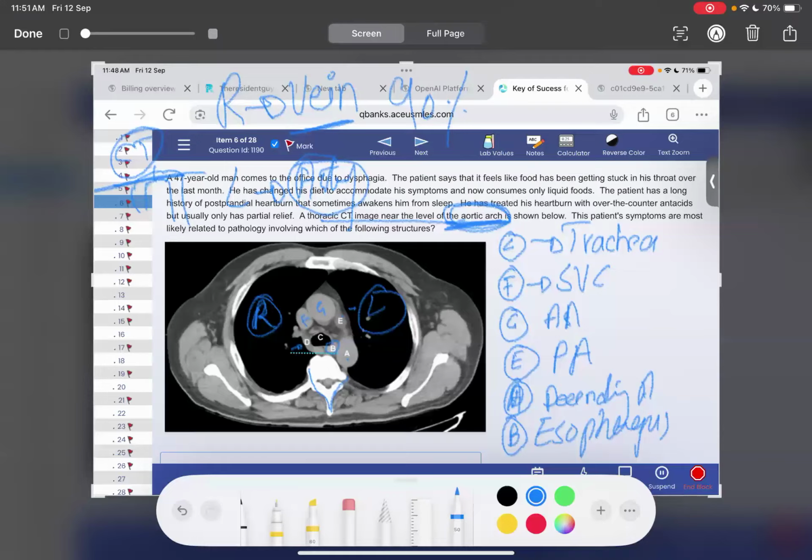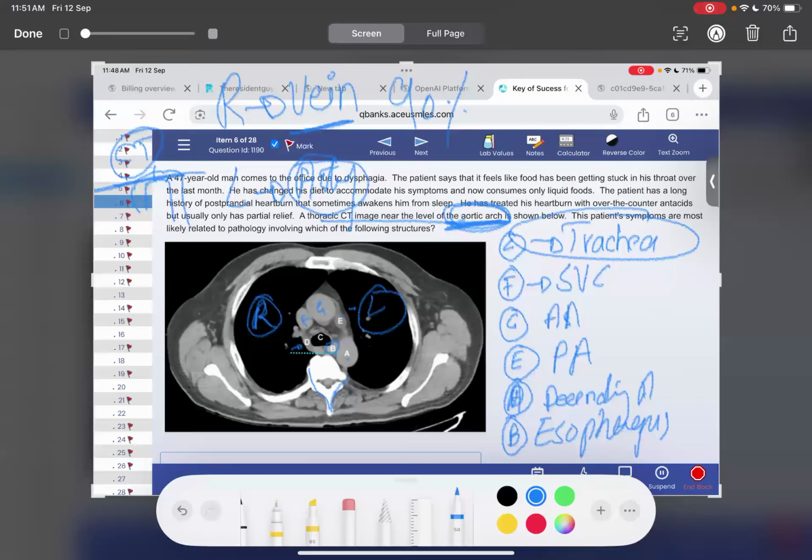Okay, have you got the point? Yes. Okay. So the trachea, esophagus, and D is the azygos vein. Not that high yield a point, but remember artery, vein, esophagus, and trachea. Those are more important to know for the location in the CT scan.